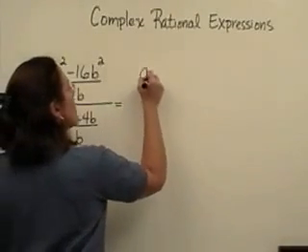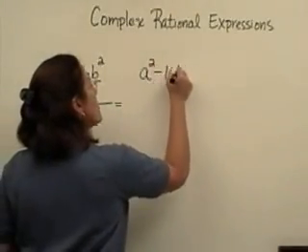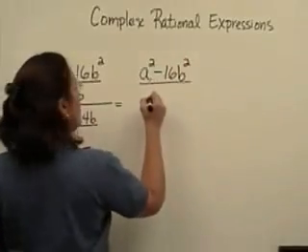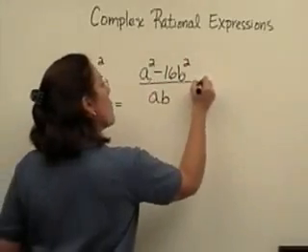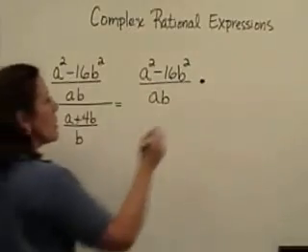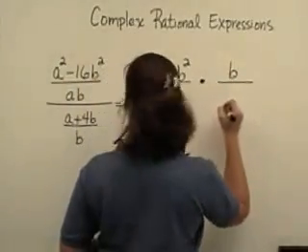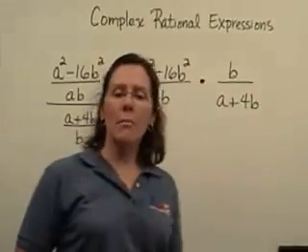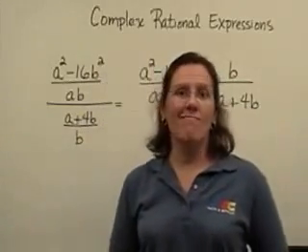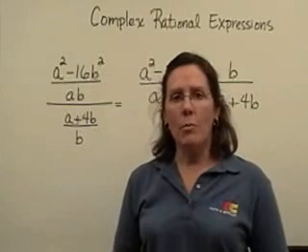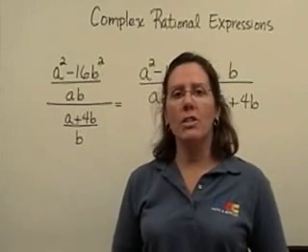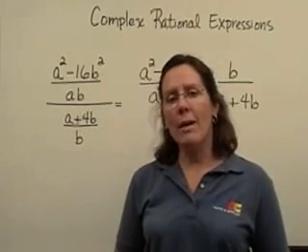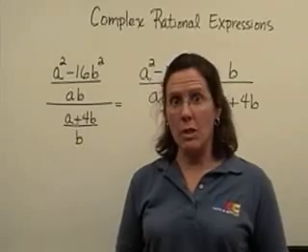So we will take a squared minus 16b squared over ab, and we'll multiply by this reciprocal, which will be b over a plus 4b. If you remember back to section 1 or 2, where we divided and multiplied rational expressions, just remember that you're expected to factor everything first before you can simplify.